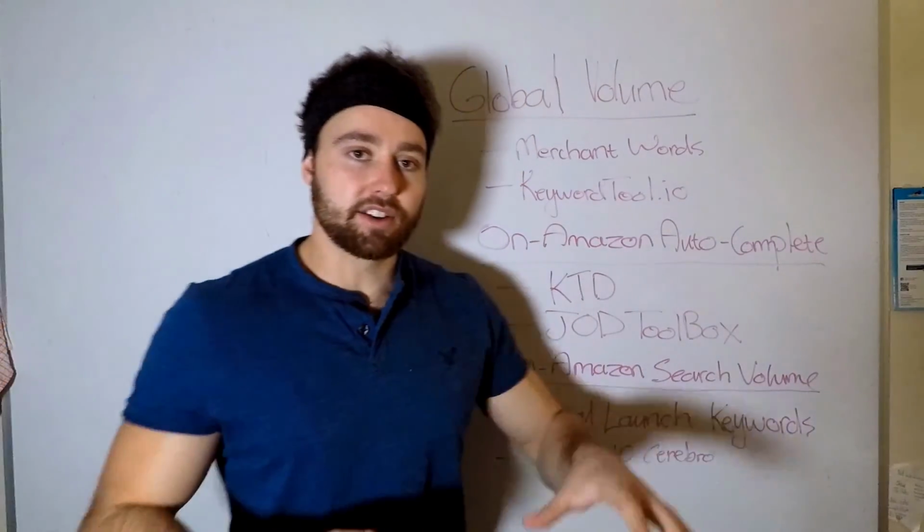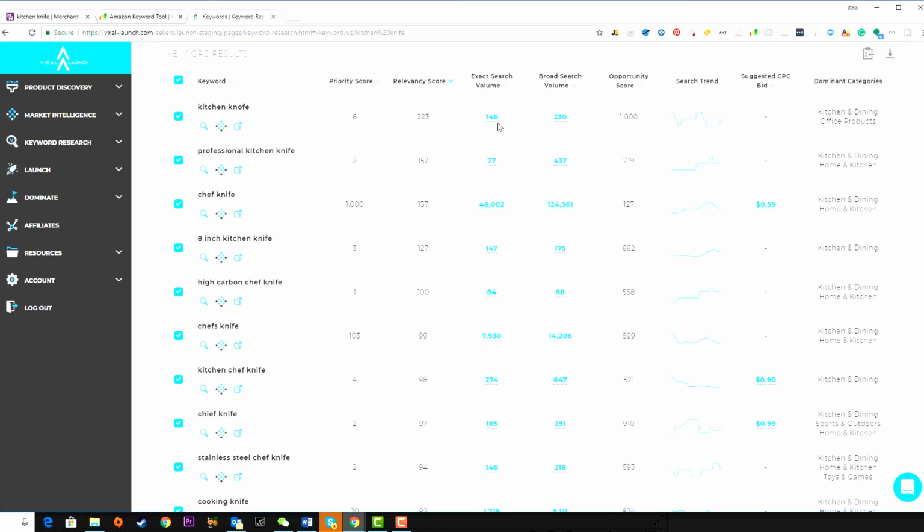What I love about it is it's going to give you a priority score in terms of the search volume and the competition of this keyword. How much of a priority should it be for you? It's going to give you a relevancy score in terms of how relevant is this to the first little search term you put in the beginning. It's even going to give you the exact search volume. So if we think about it in terms of sort of PPC campaigns, when you do exact match, it's the exact term.